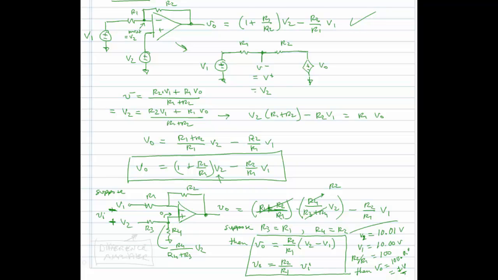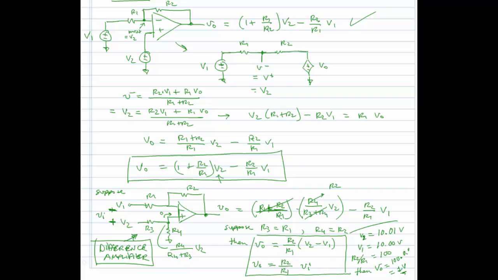In other words, what this amplifier is, is what's called a difference amplifier. It takes the difference between two voltages, V2 and V1, and amplifies only what's different between them. It doesn't amplify the voltage that's common.